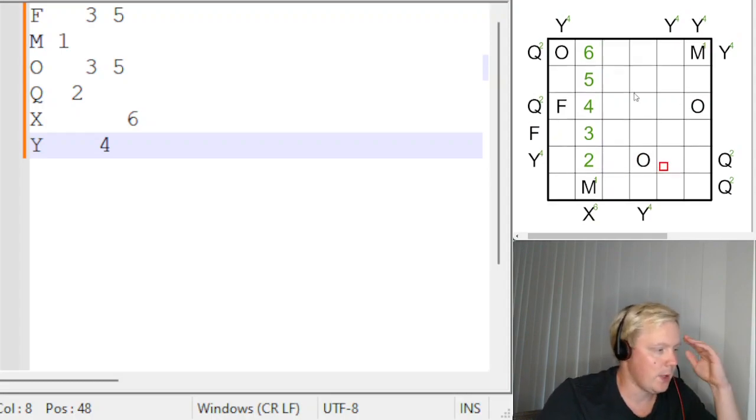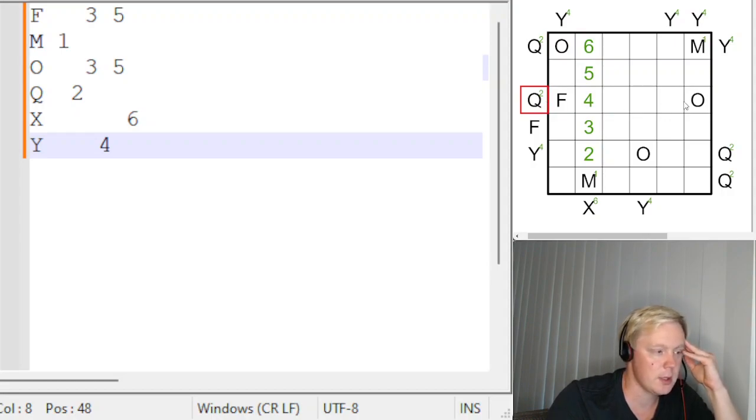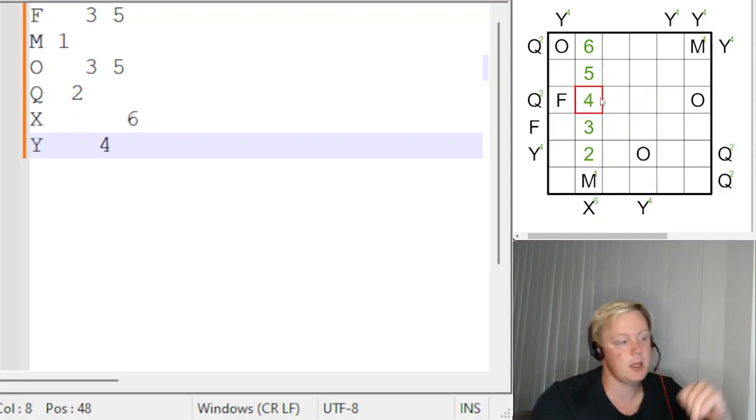Okay, but let's see, we can fill in some numbers now in the grid. So this is 2. So it sees this and then the 6. This is 2. So it's going to see a 6 somewhere here. It's going to see this F, regardless of what it is. But it can't see the 4, because the 4 would be the third number it sees.